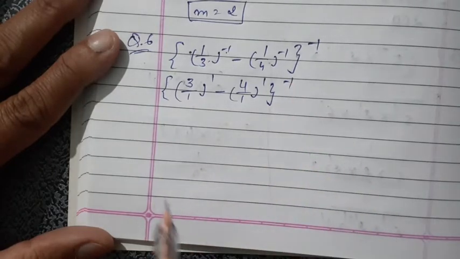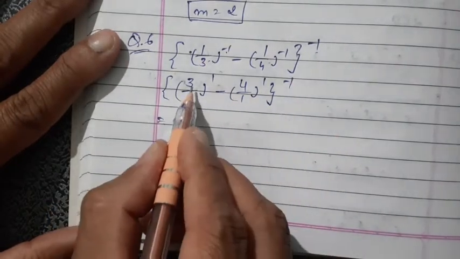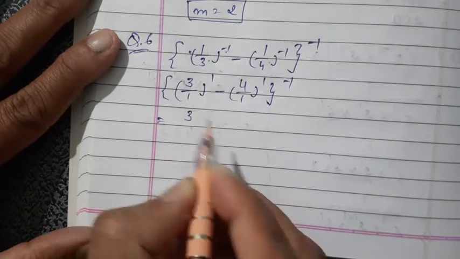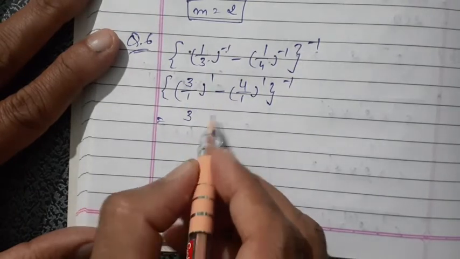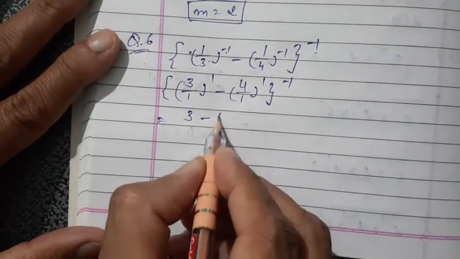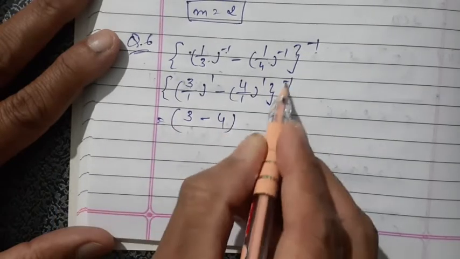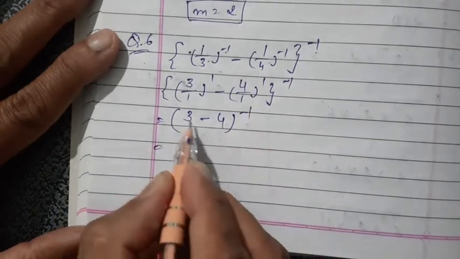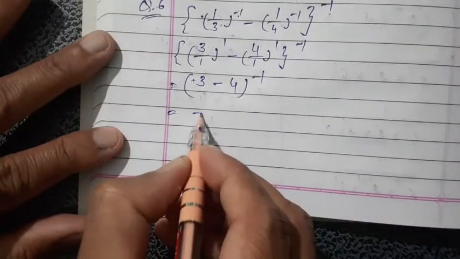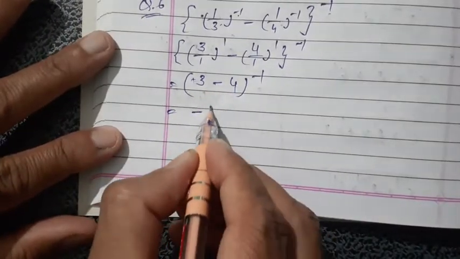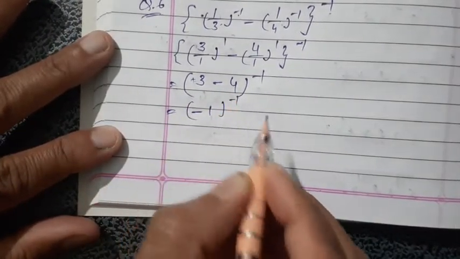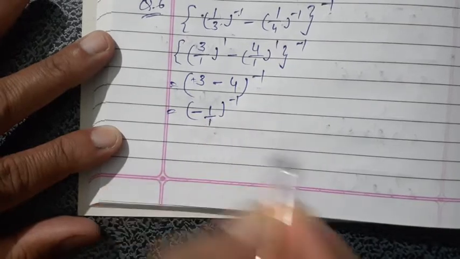Okay, so 3 raised to 1, that is 3, and 1 raised to 1 is the neutral number 1. Okay, minus same here 4 and raised to minus 1. Now what is the difference? Here plus is there, sign of the biggest number minus, plus minus minus, 4 minus 3 is 1, minus 1 raised to minus 1. Minus 1 means minus 1 upon 1.